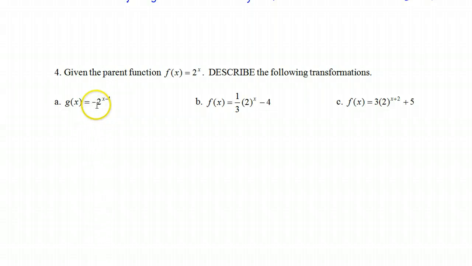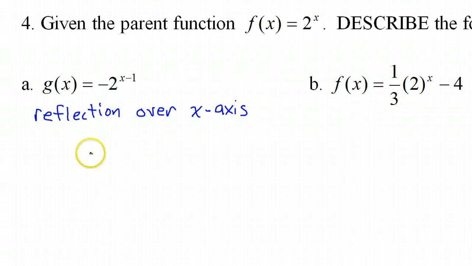I'm mentioning that because of that right there. So we've got these two transformations. This negative in front is going to be a reflection over the x-axis. And of course the -1 is a left or right shift. Specifically, it will be a shift right 1 unit.